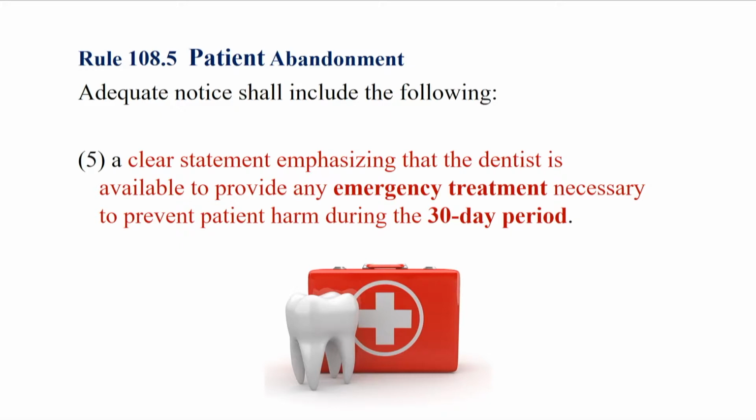And if in fact there is an out, it may be better practice to go ahead and see the patient to make sure that there was nothing that was actually an emergency, and to make sure that later you cannot be criticized for not being available during this 30-day period. In other words, default and err towards the side of the patient during this time. After the 30-day period has run, you'll be able to say, I'm no longer obligated towards this patient one way or the other.